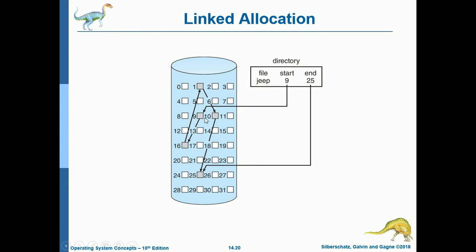For example, block 9 points to block 16, block 16 points to block 1, block 1 points to block 11, and block 11 points to block 25. That is the end. That is the mechanism of linked allocation. Every block has a pointer to the next block, so it does not matter if they are not contiguous as long as they have pointers to the next block.